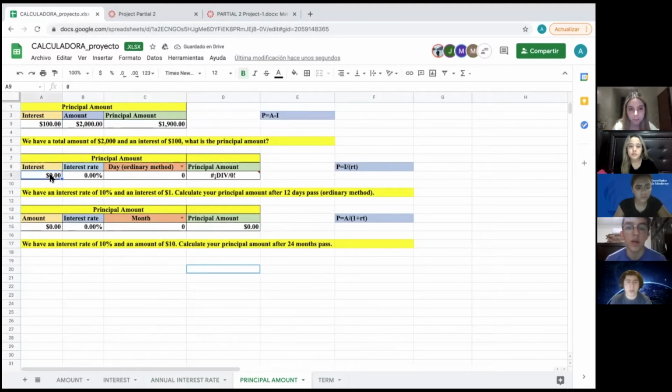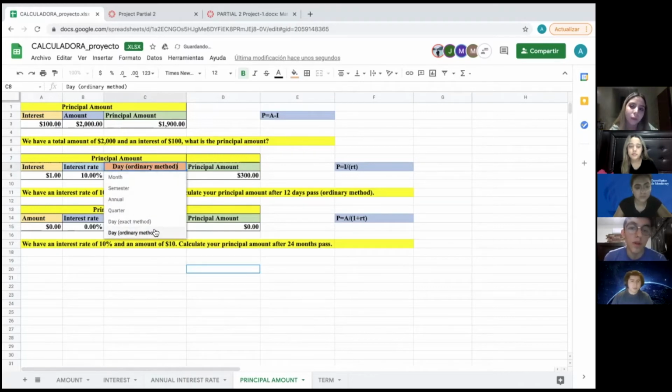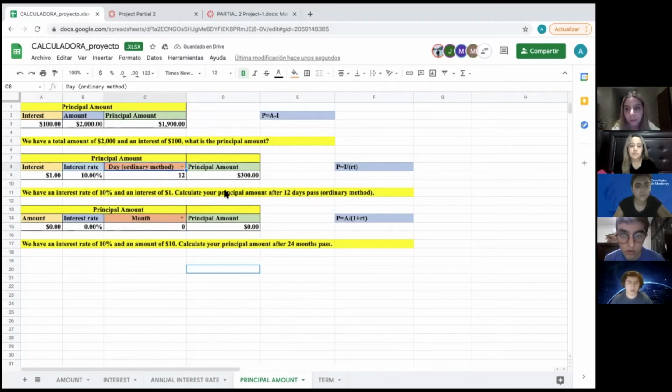And in the second example, we have another formula that is interest over interest rate times term. In this part, we can change our term, like in a year, semester, quarter, etc. But in this example, it asks us for 12 days in ordinary method, and with an interest rate of 10% and an interest of $1.